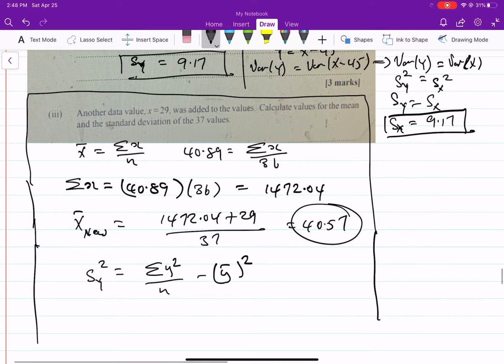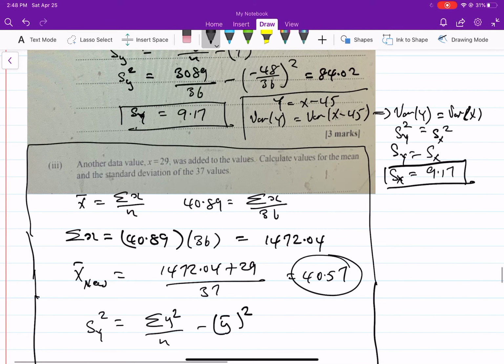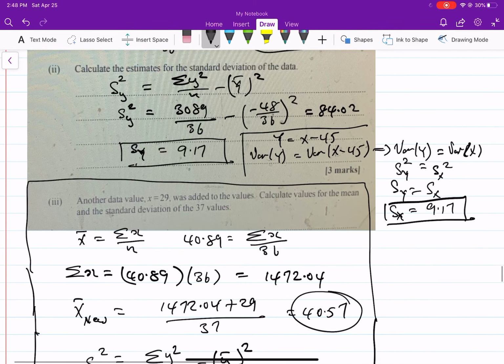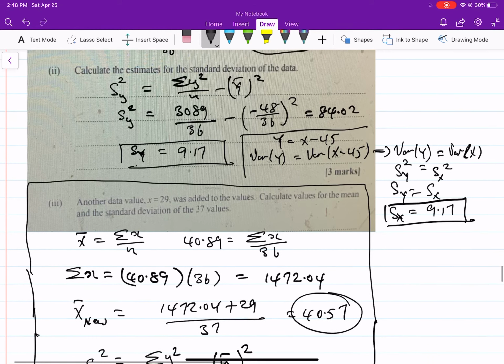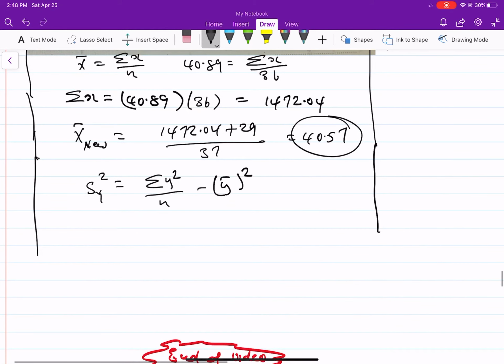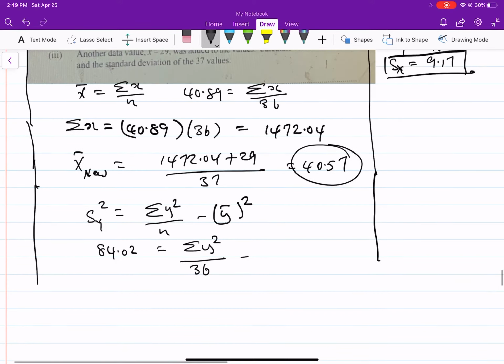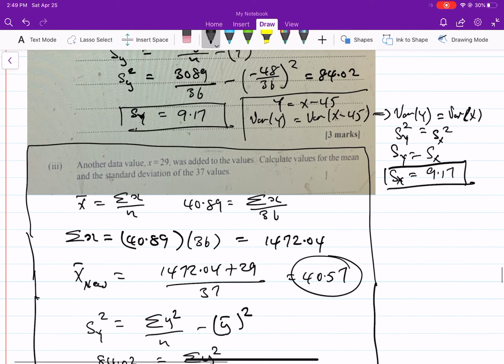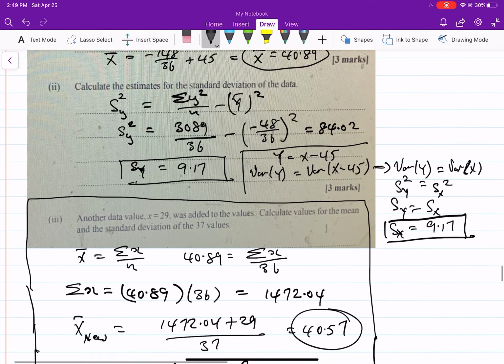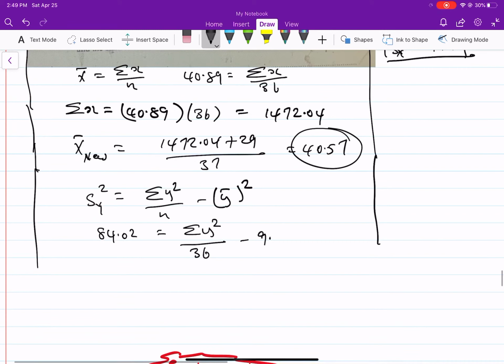And we know sy squared was 84.02, which is equal to sigma y squared, the number we're trying to get, divided by 36 minus y bar, which is 9.17, all squared.